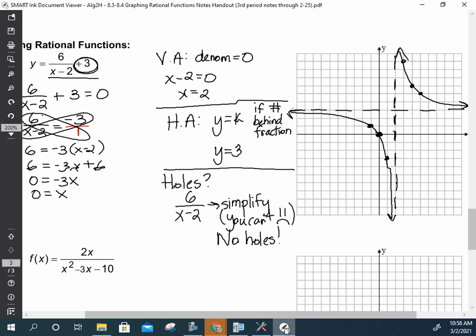So again, the main things I would check for are your vertical asymptote, your horizontal asymptote, holes in the graph if there are any, and then your actual curves. Each curve should have 3 points. So 3 points per curve.